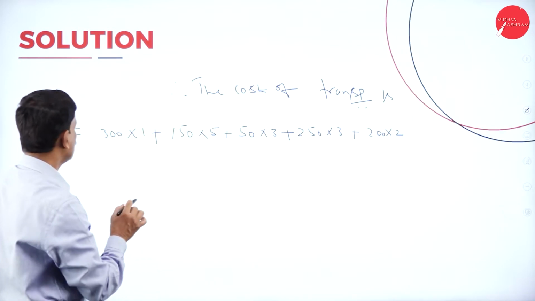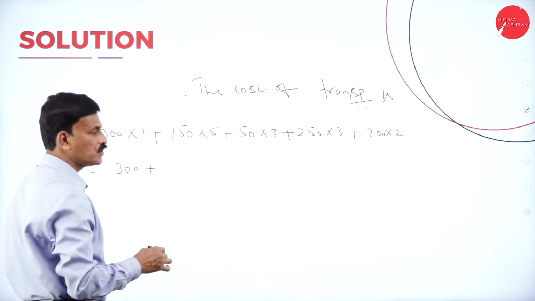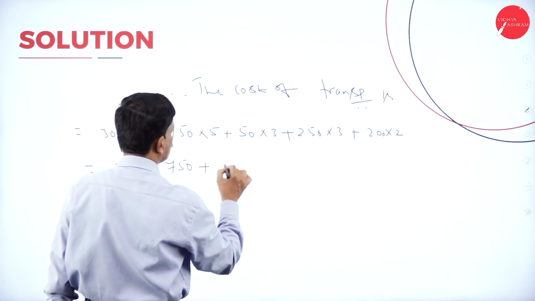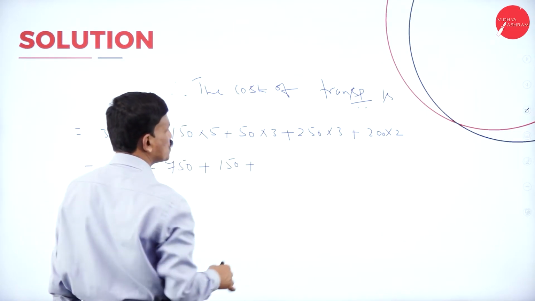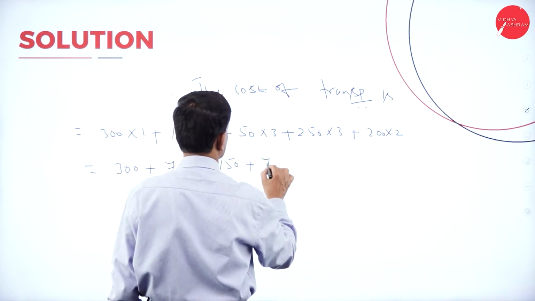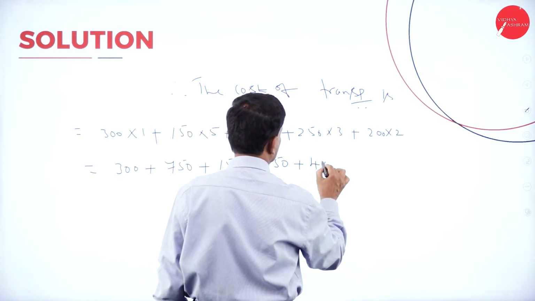So, these are the values. Let me simplify. This is 300, 150 into 5 is 750, 50 into 3 is 150, plus 250 into 3 is 750, plus 200 into 2 is 400.